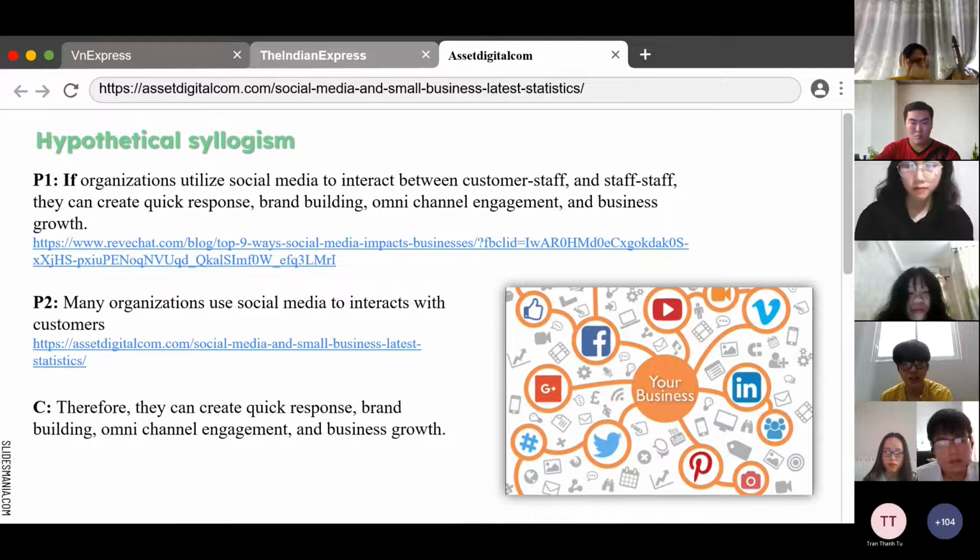They don't pick up their phone, your emails go unanswered, and paid advertising is a waste of time and effort. In conclusion, they can create quick response, brand building, omnichannel engagement, and business growth.